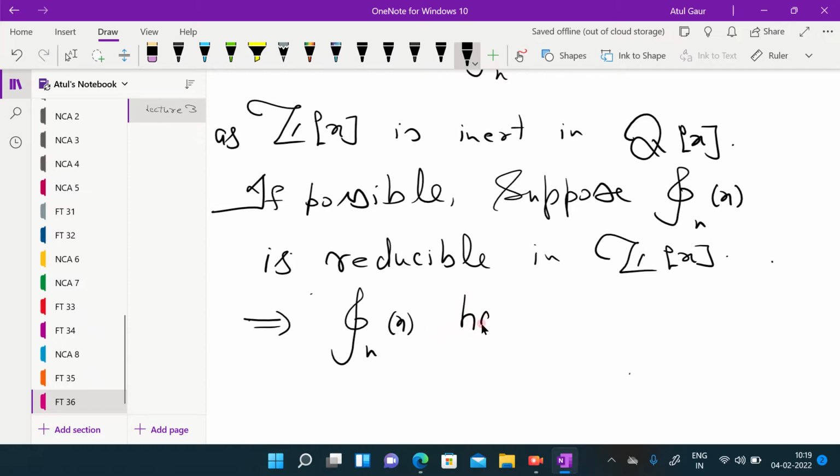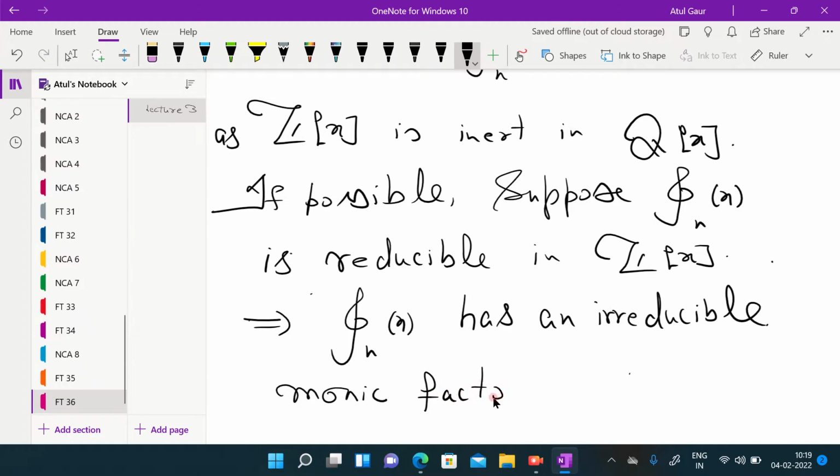So Φn(x) has an irreducible monic factor, say f(x), in Z[x].